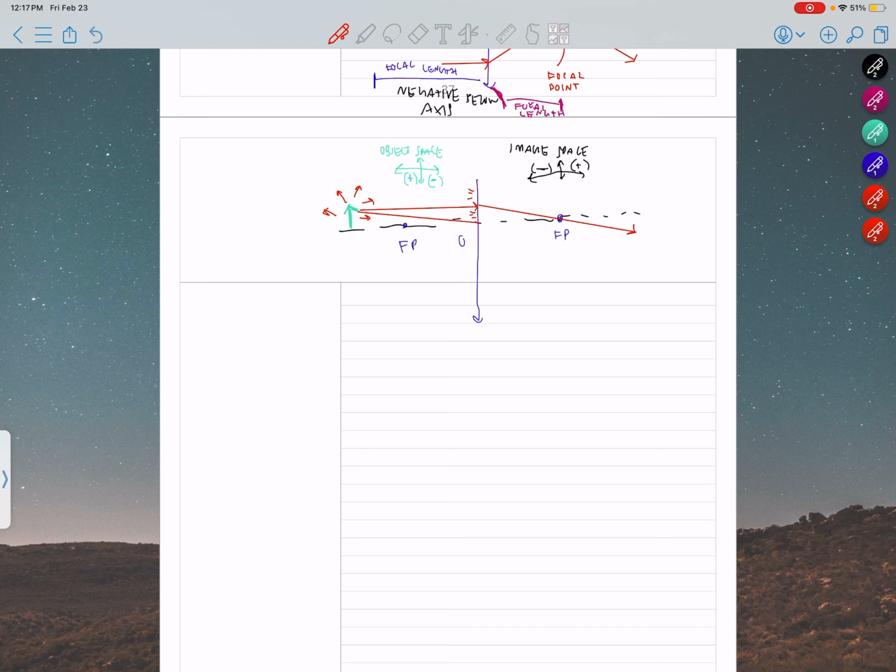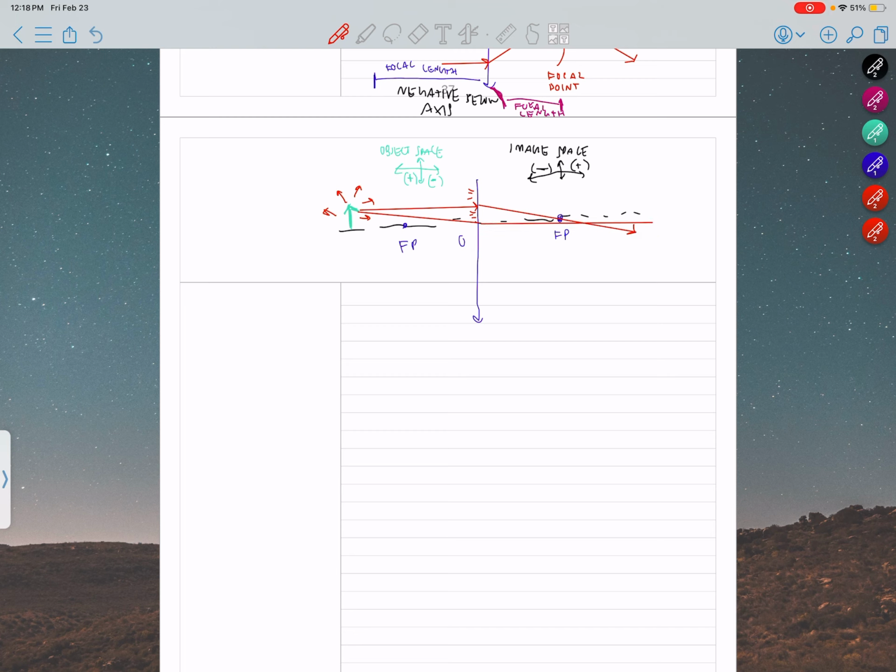Okay, and that ray is going to get refracted twice on the interfaces of the lens, but it comes out at the same angle, so you just keep going straight. So this one is just going to come out straight like this.